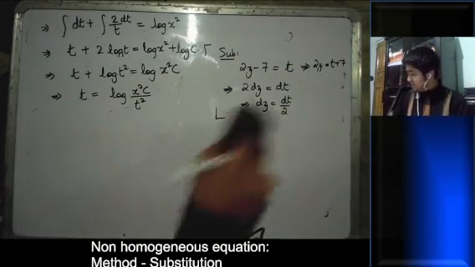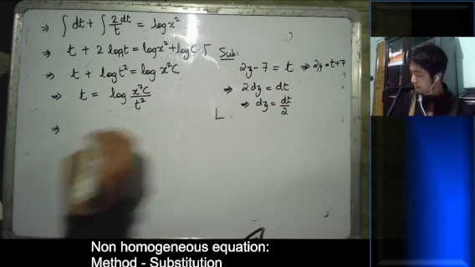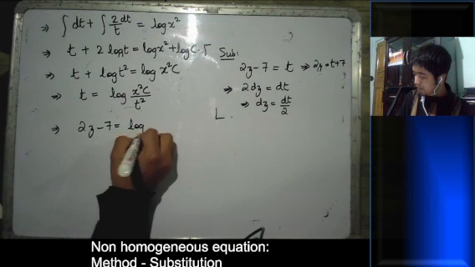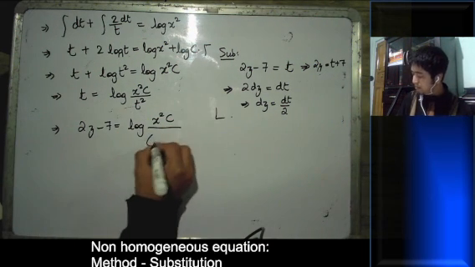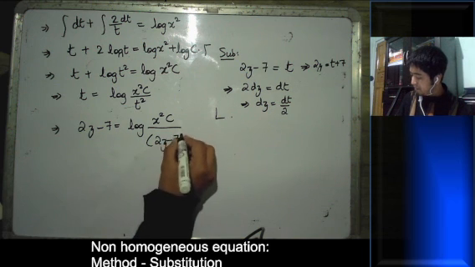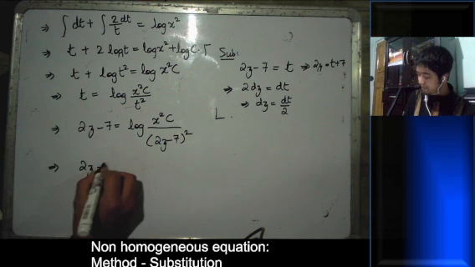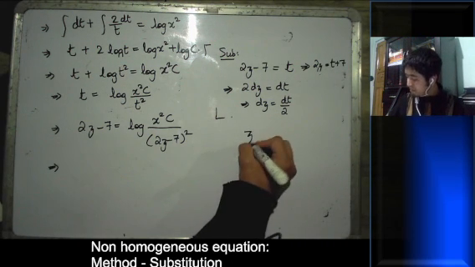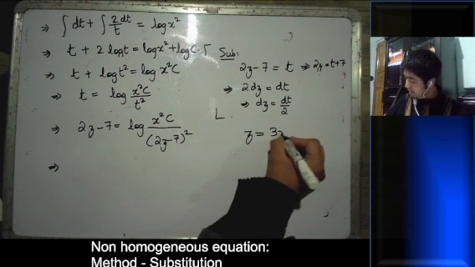Okay, so now we just need to substitute t back into this equation. Okay, so t is 2z minus 7, log x squared c by t squared, which is 2z minus 7 whole thing squared. Okay, but if you remember, we had also substituted z equal 3x minus 4y.